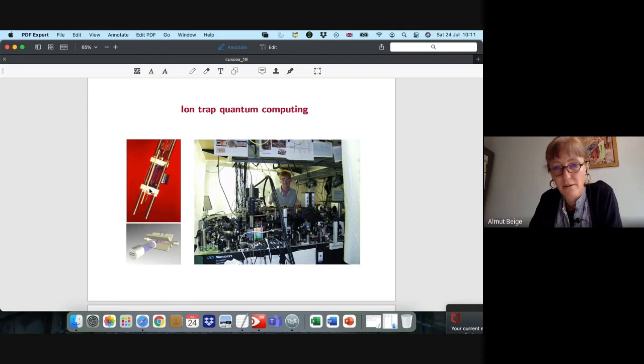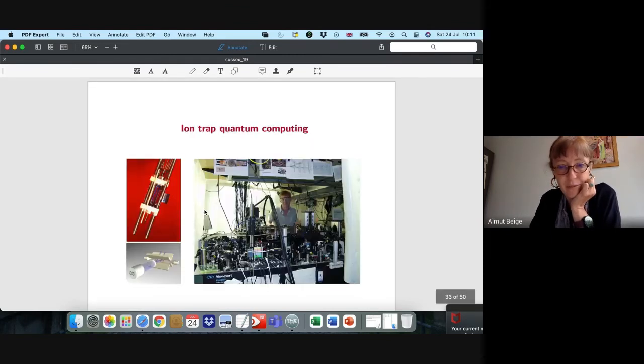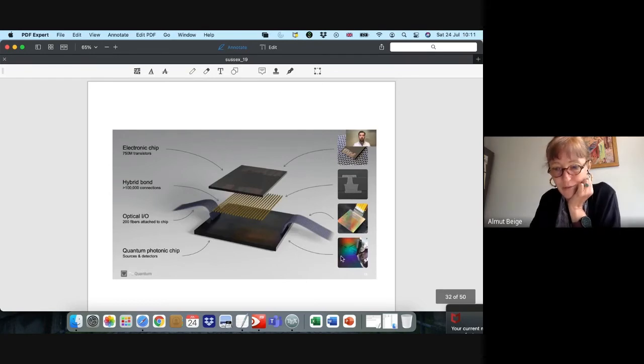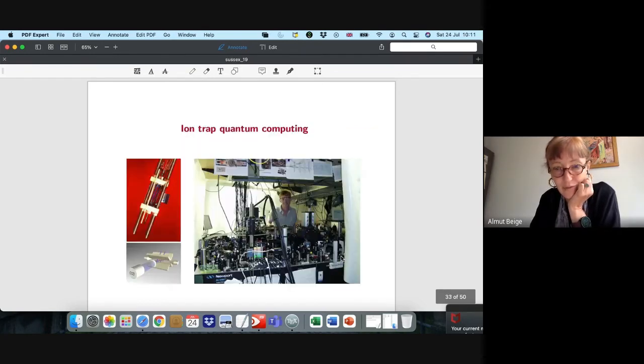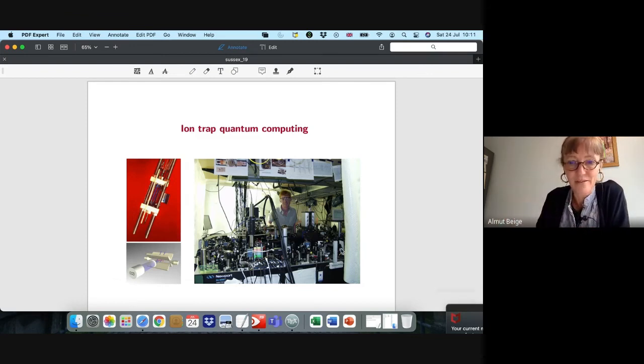The ion trap structures are written also on chips, and then ions are floating above those chips, and they can be moved about. So there's a lot of progress in technology. So the difference between these kinds of experiments and these chip environments is not so different anymore. So even if it sounds like a completely different implementation, there are a lot of similarities. And often light is used to communicate between those ions.